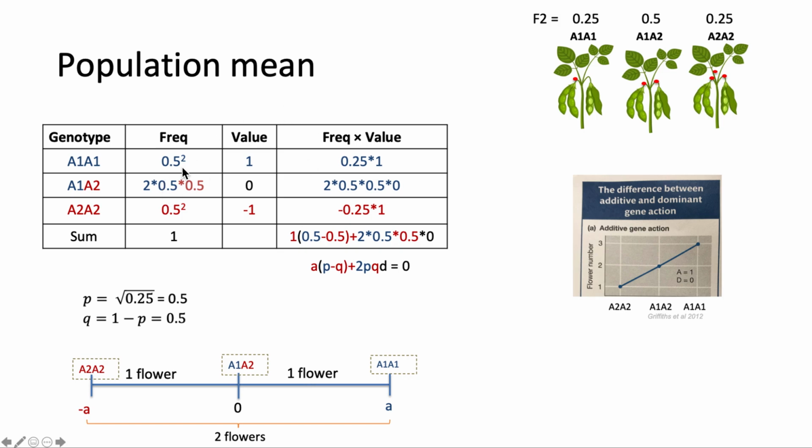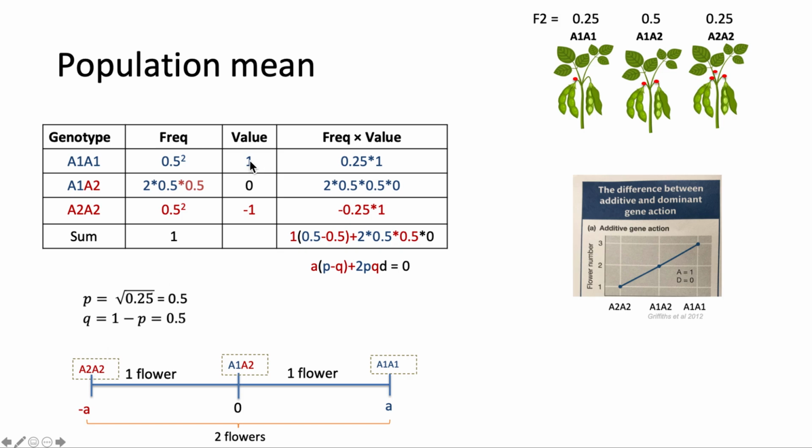With that information, we can put the numbers in the table. Here we put the allele frequencies, and here the value of 1, because that represents one flower, and here we have a negative 1 because we are going to reduce from the midpoint, in the same units as the phenotype.